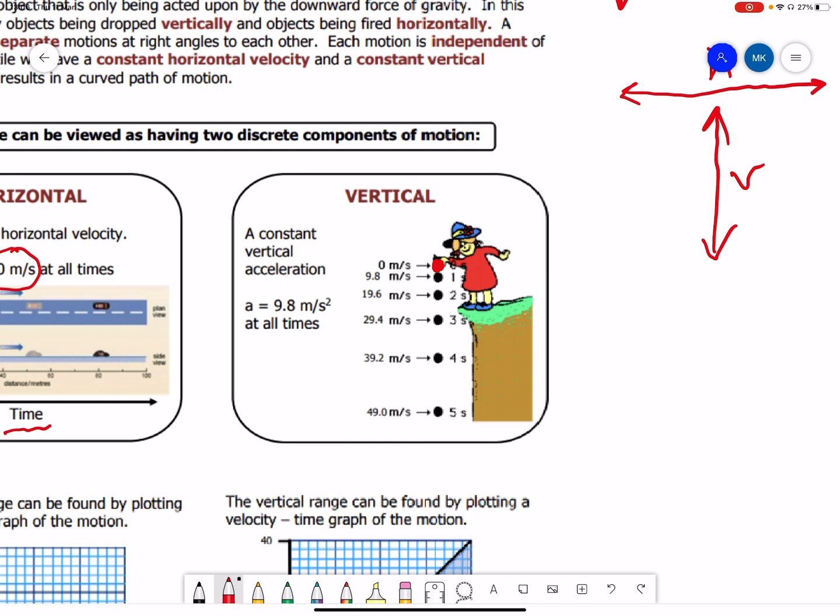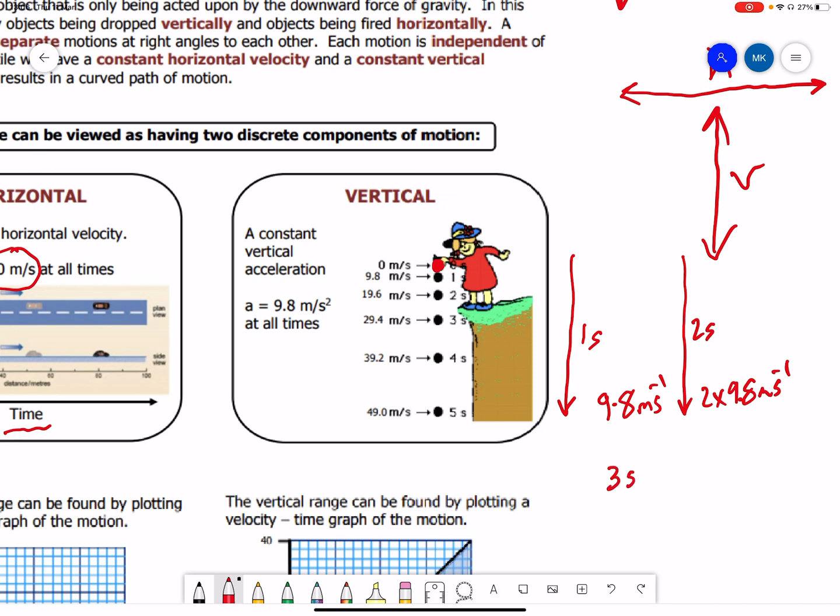If you let that stone go and it only takes 1 second to reach the bottom, then before it hits the ground, that stone will be travelling at 9.8 meters a second. If, however, that stone takes 2 seconds to fall to the ground, it would be 2 times 9.8 meters a second.